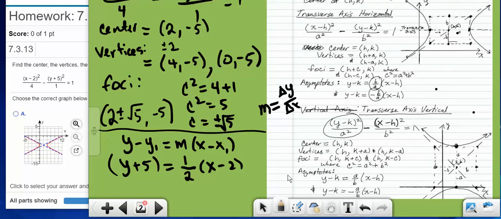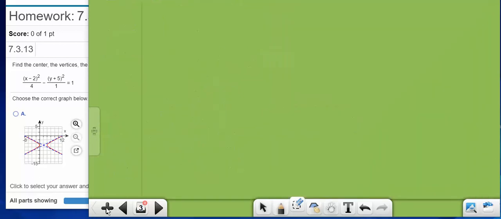So what you do, let me show you real quick. Let me just add a new one. Okay, so we established the center was +2, -5, oh, I'm sorry. The center was +2, -5.